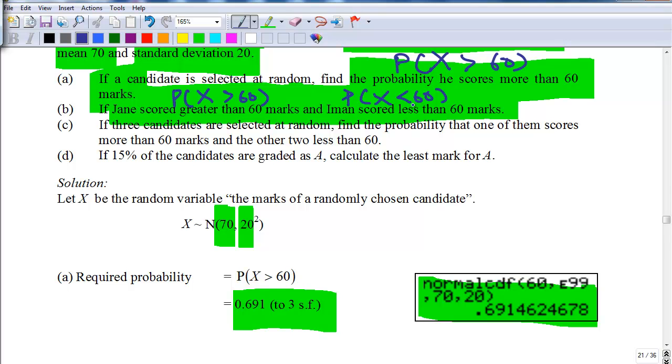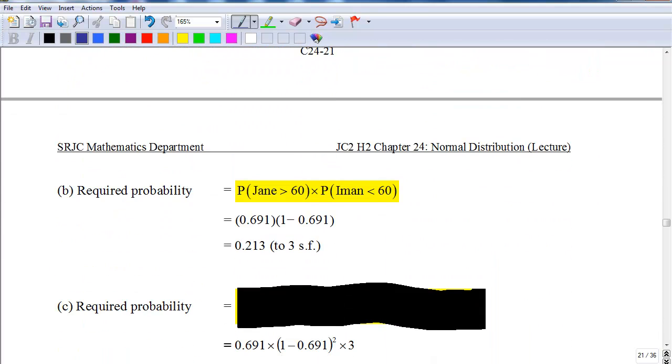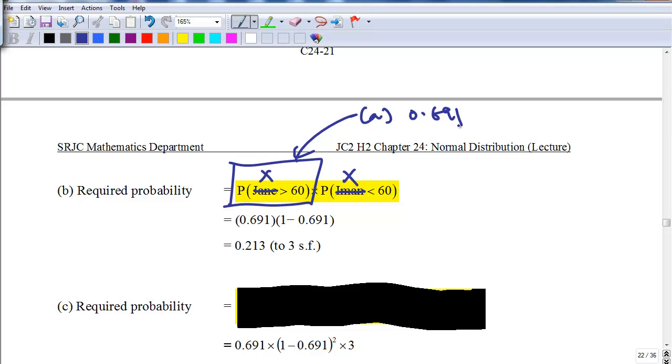Because these are 2 independent events, the probability that you want to find is just one of them multiplied by the other. So in part B, you want Jane to score more than 60, and you want Imran to score less than 60. This part of the answer is actually your answer in part A, which is 0.691.